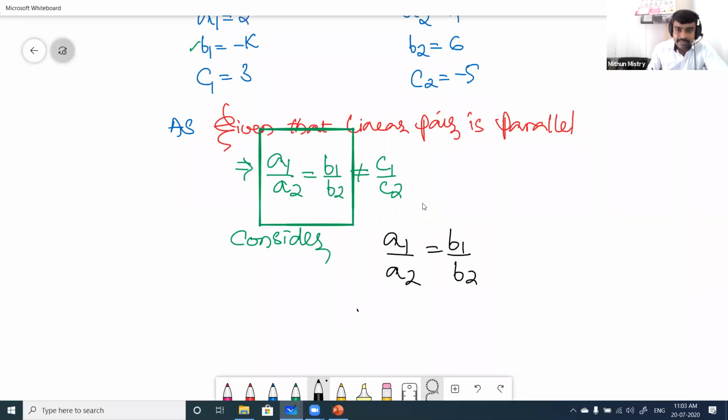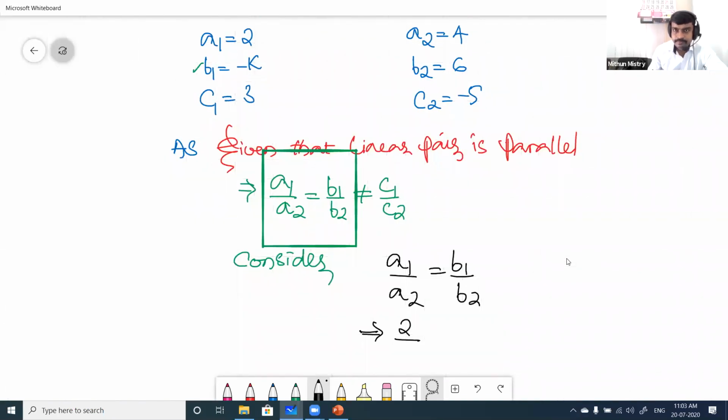So A1 by A2. What is A1 here? 2. And A2 is 4. So 2 by 4 is equal to B1, which is minus K, by B2, which is 6. 2 by 4 is equal to minus K by 6. Next step, 2 ones are 2, 2 twos are 4, 2 threes are 6.